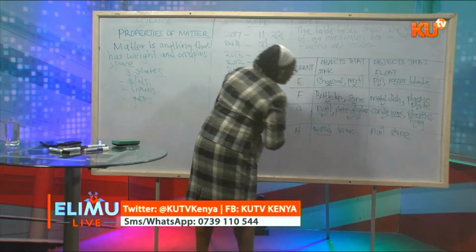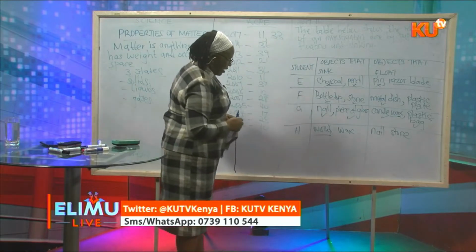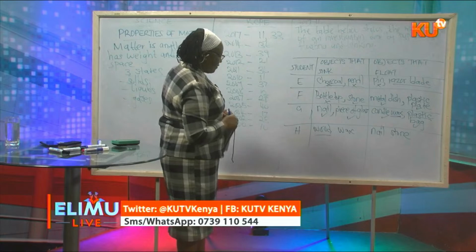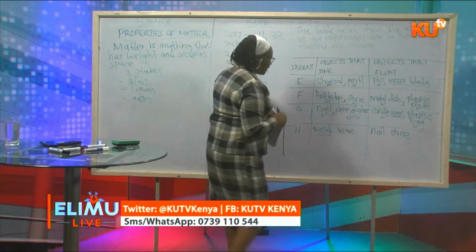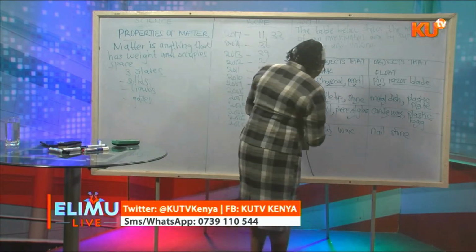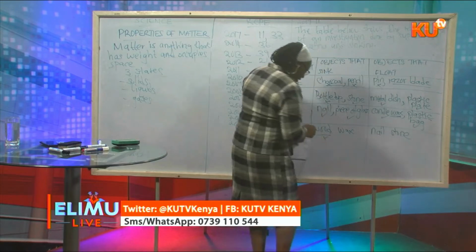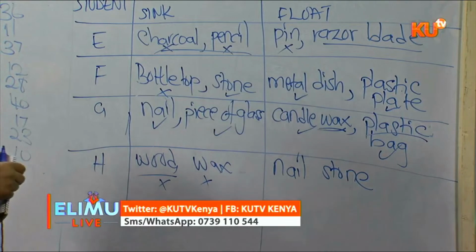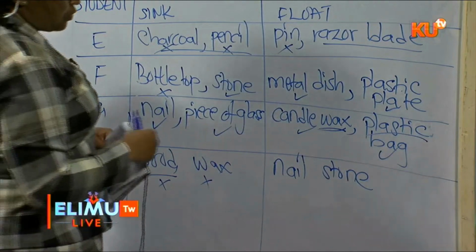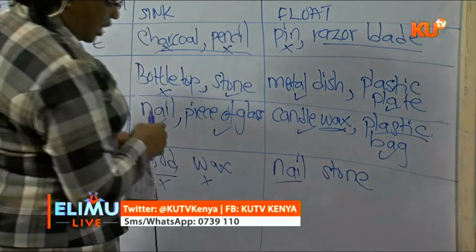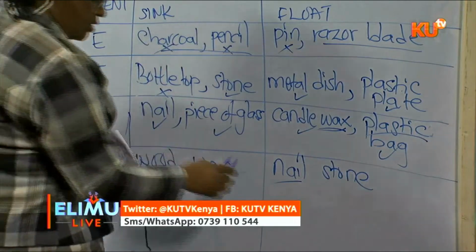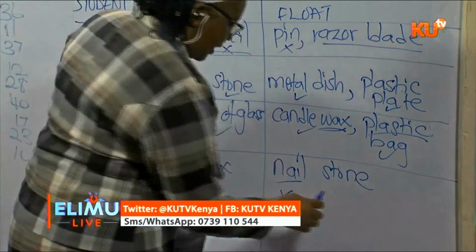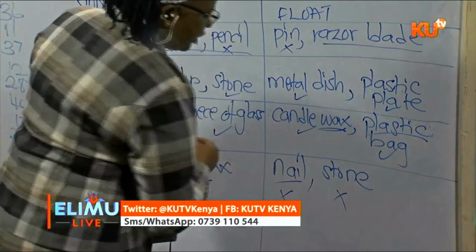Now wood is a floater regardless of its size or weight, so it is in the wrong column. Then we move to wax, it is also in the wrong column because of the material. Then we move to floaters. A nail is a sinker, so it is in the wrong column. Even a stone is a sinker, so it is in the wrong column.